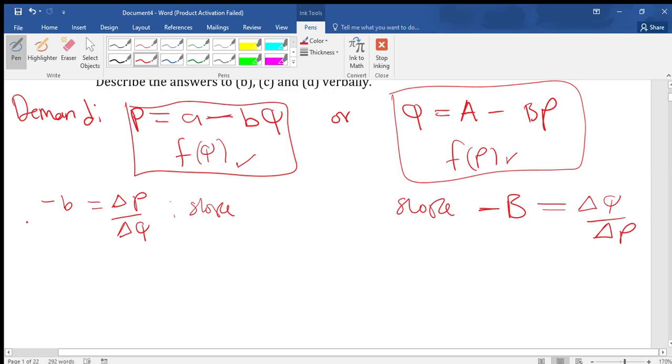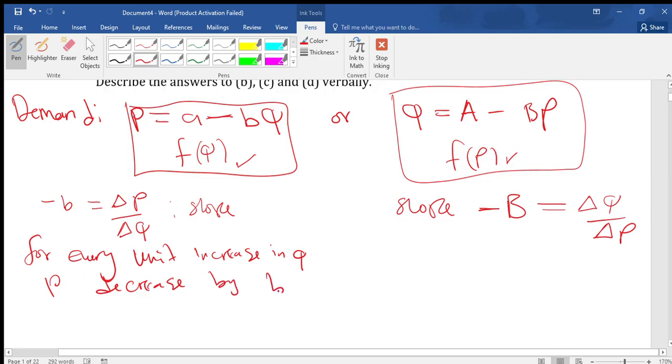So for this one, we're simply saying for every unit increase in Q, P decreases by B units.